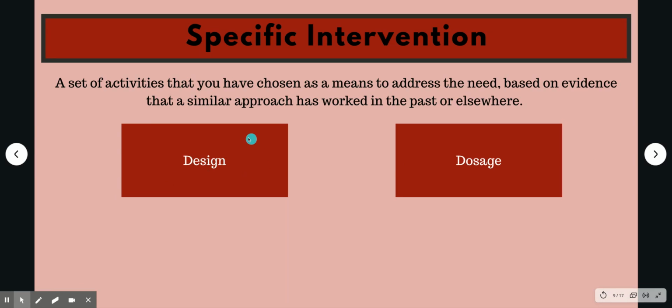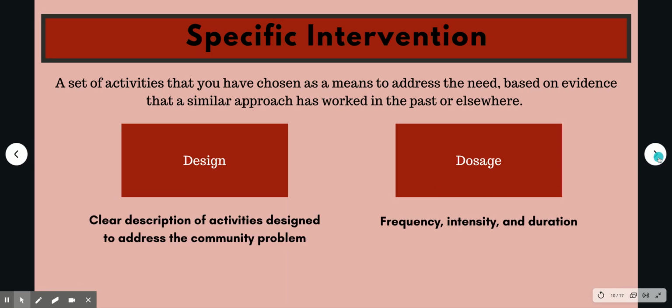One is the design, and the second is the dosage. The design is a clear description of activities designed to address the community problem. So, what are the things that people will do in your program? What are the actual things that will be done to address the problem?